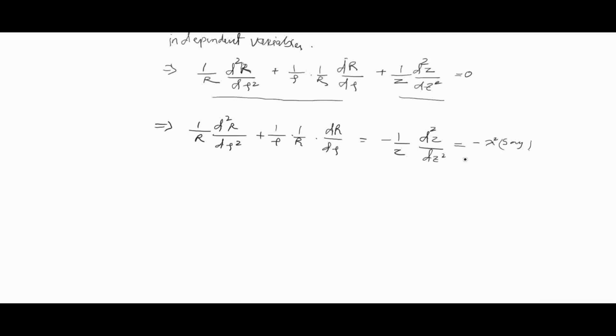Now why minus lambda squared? Because we don't want this Z to be periodic. That is the reason why we have taken minus lambda squared.